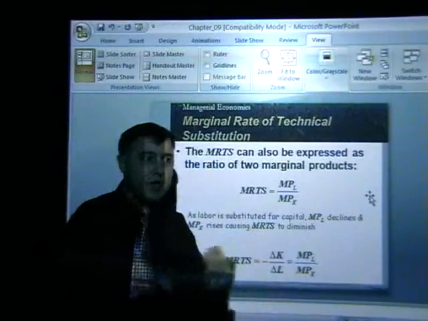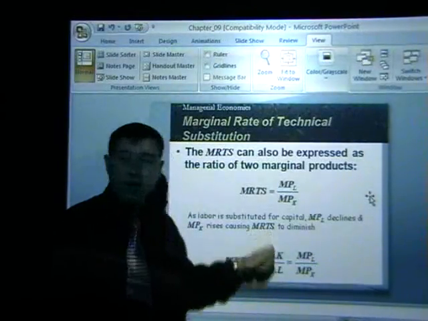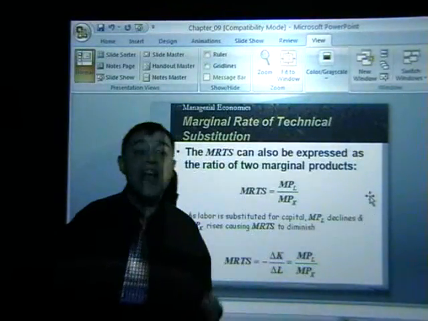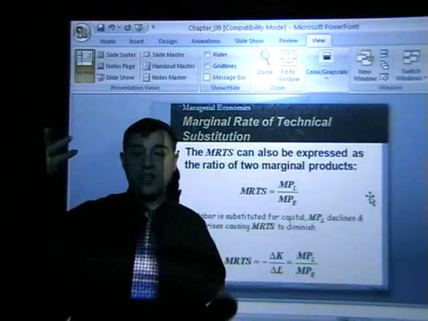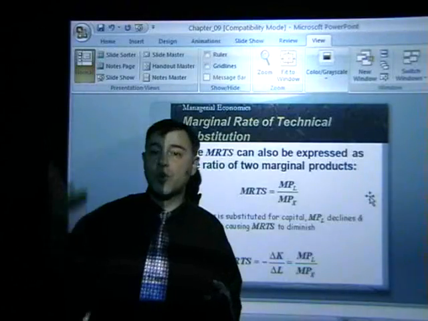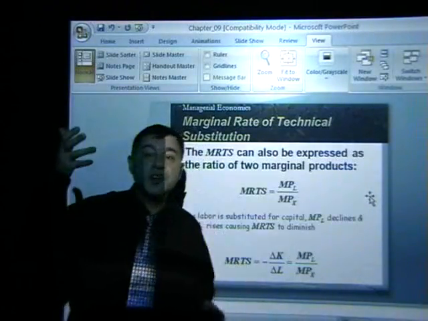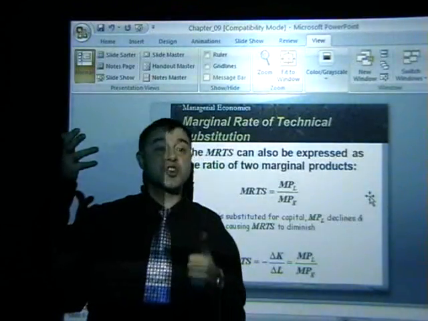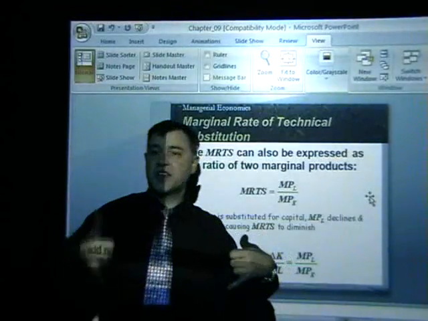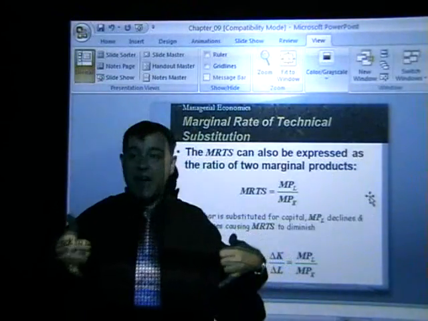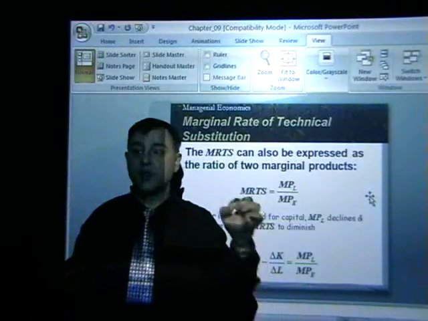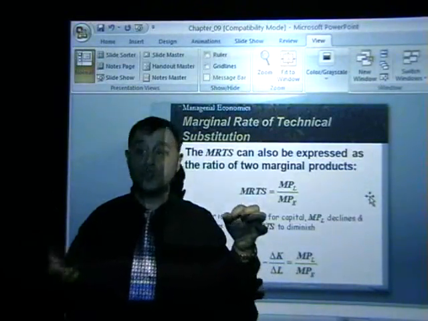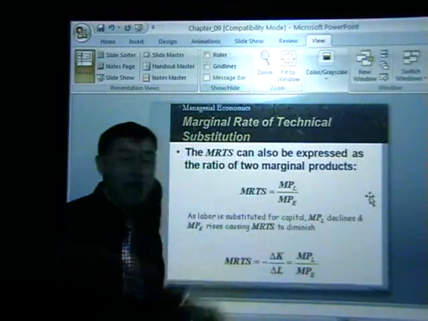And quite similarly, the same logic applies with capital. As you increase the number of workers, in other words, if capital has more workers to work with, the marginal product of capital increases. 5 taxis, 5 workers. If you have 5 taxis, 6 workers, the product of each taxi will increase, right? It's perfectly natural.